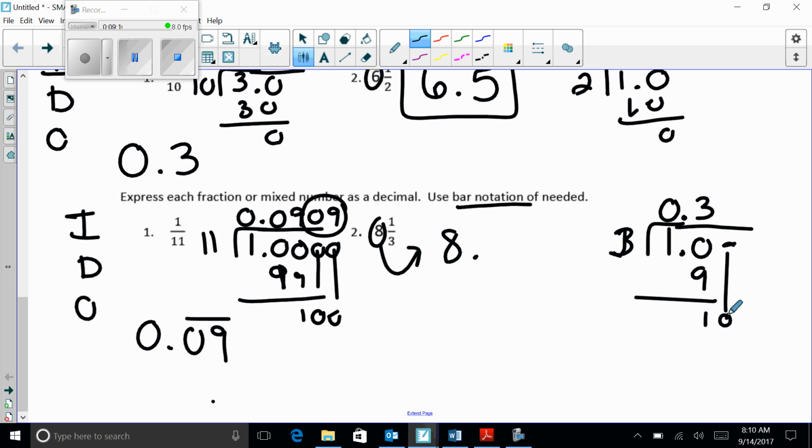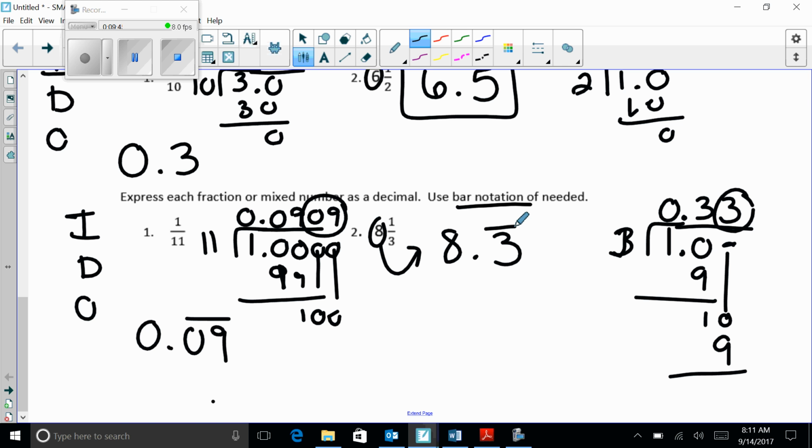That means that 3 goes into 10 again, 3 times, which is 9. So what you should start seeing is that my 3 is going to be repeating. So like I did in the example over here and above, I'm going to bring my 3 over here and I'm going to put the line over the 3. Now I don't need both of my 3's that were originally written. I just need one because it's going to keep saying 3, 3, 3, 3, 3 if I keep dividing. Okay, so 8 1/3 as a decimal is 8.3 repeating.